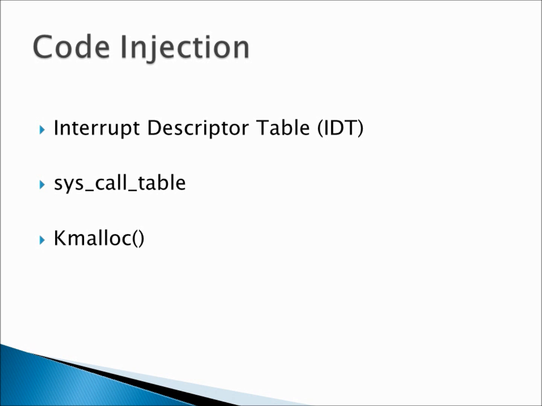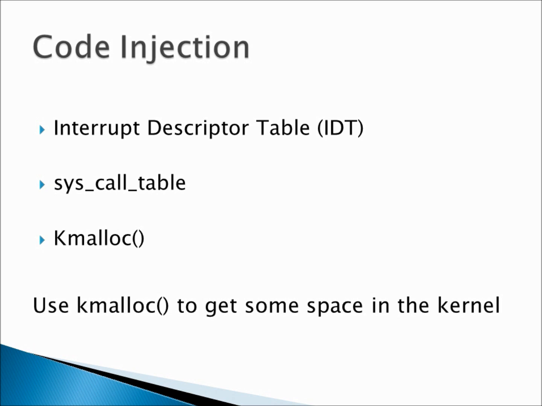Syscall table is an array of pointers to system call functions like sysopen, sysread, syswrite, etc. kmalloc is a function internal to the kernel. It is needed to reserve space in the kernel memory. The whole idea here is to use kmalloc function to get some space in kernel where the rootkit can be installed.